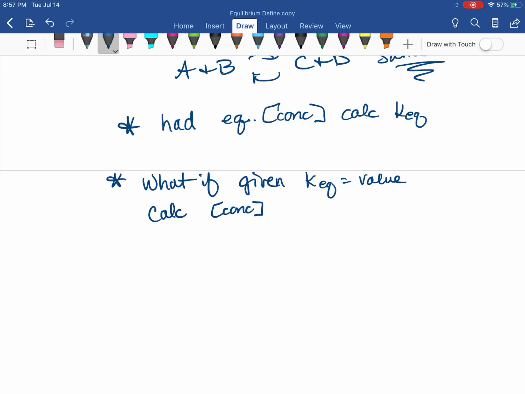This is a super valid question. This is going to happen all the time, especially in our next unit when we flip to acids and bases. They have been studied for 200 plus years, if not longer, so we will have massive tables of K values. We'll have a Ka for our acids and a Kb for our bases. So that's literally going to be known. What isn't going to be known will be our equilibrium concentrations.